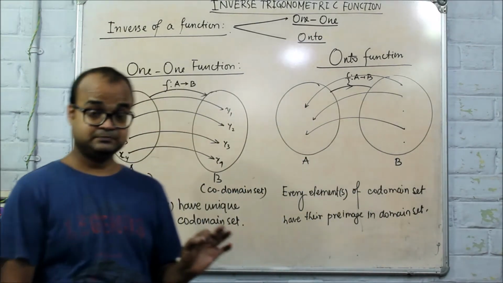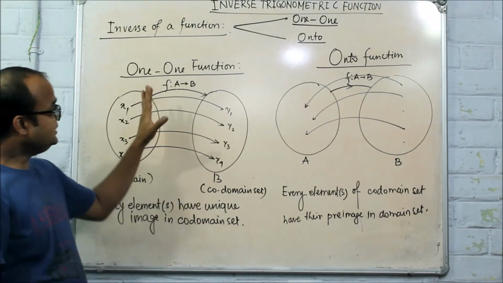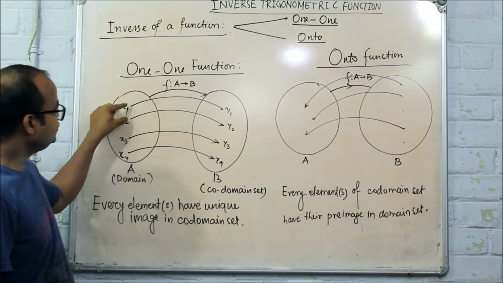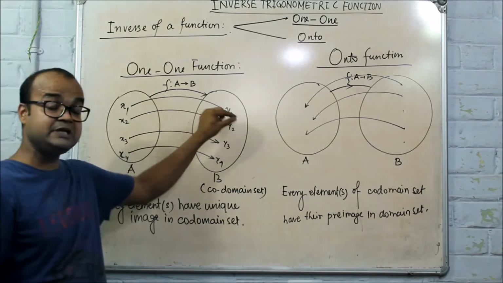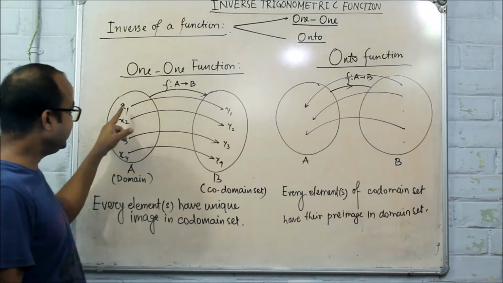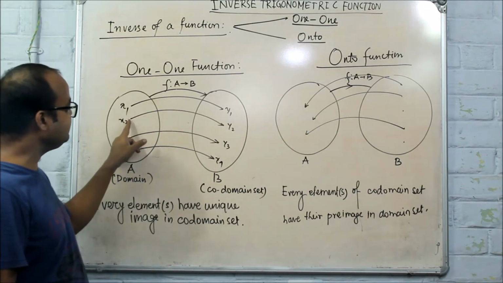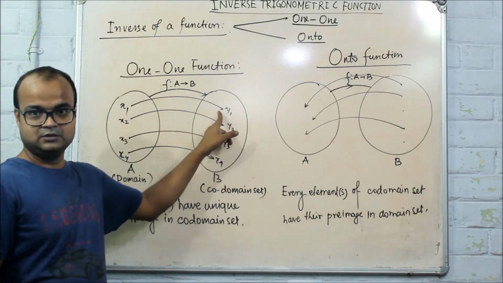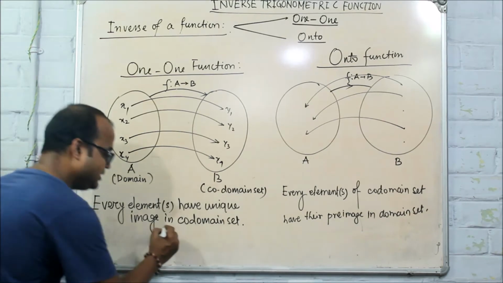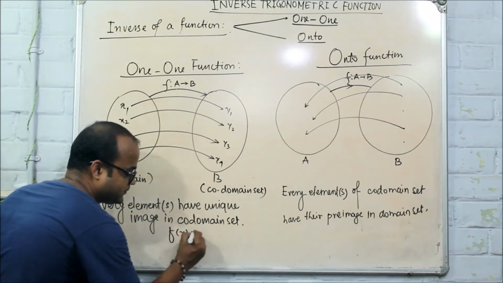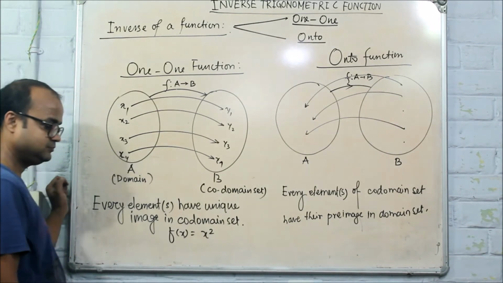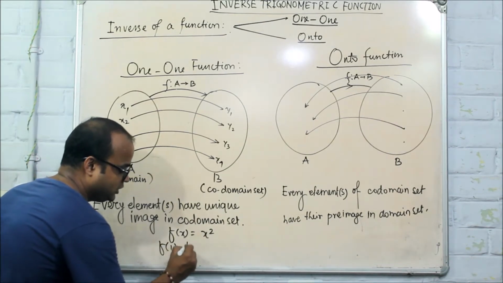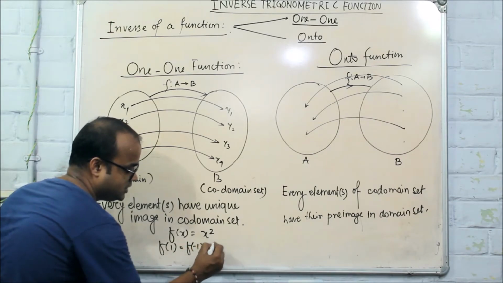That means if we get two elements that have the same image in 1-1, if we find x1 and x2, for example, that have the same image in B. For example, if we take f(x) is equal to x square, so f of 1 is equal to f of minus 1 is equal to 1.